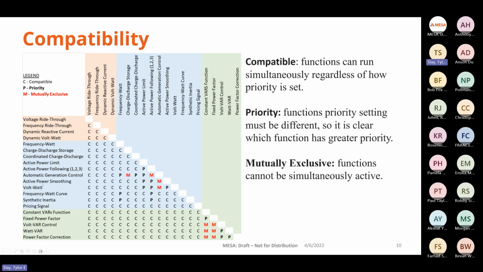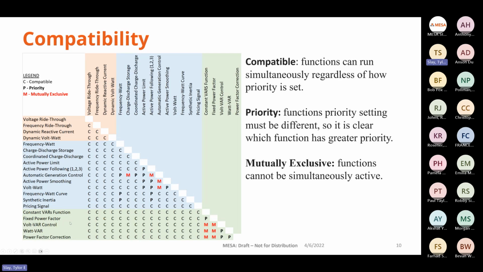We have automatic generation control, active power smoothing, volt watt, frequency watt curve, which is different than frequency watt, as it allows you to indicate that it's a set of curves. You point to a curve index, and that allows you to establish a more fine-tuned frequency watt curve than the base frequency watt control mode.